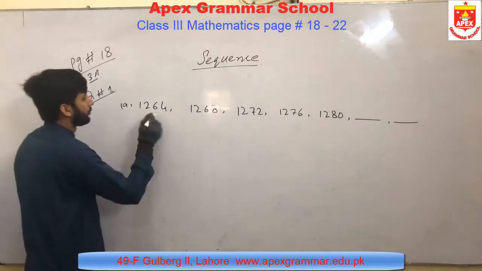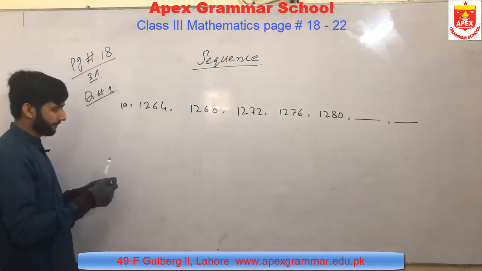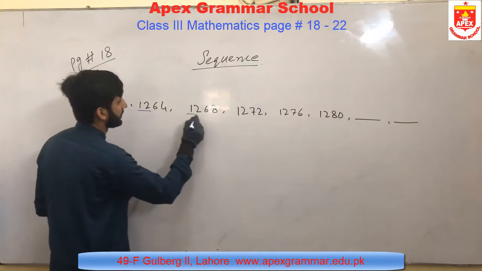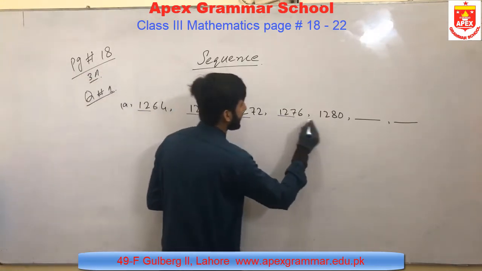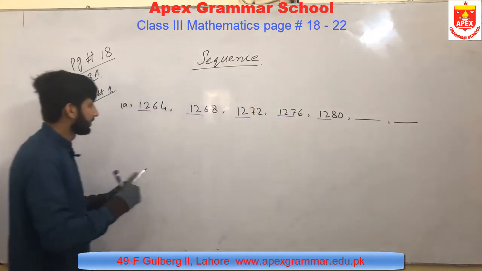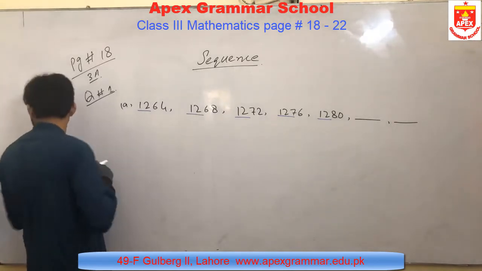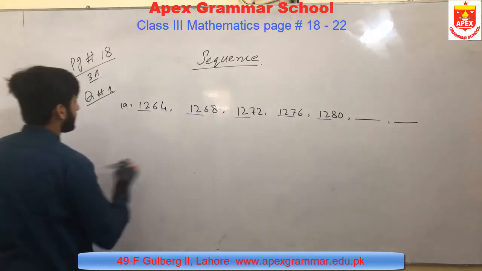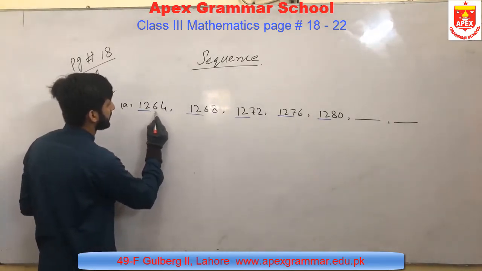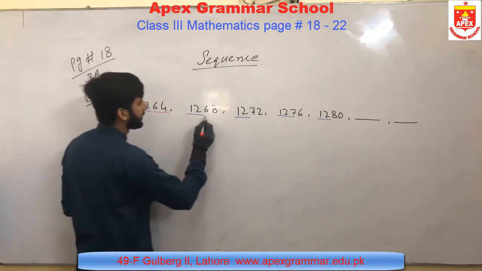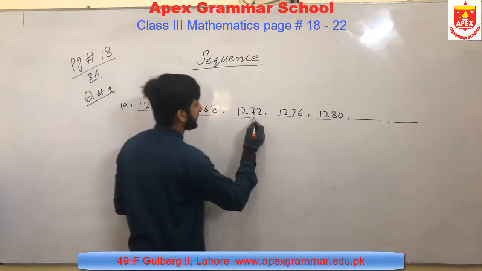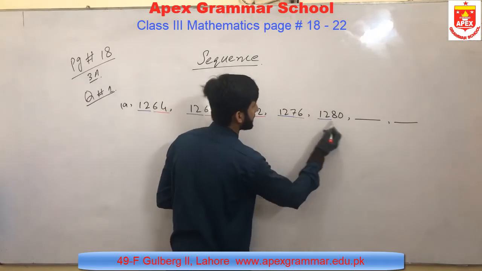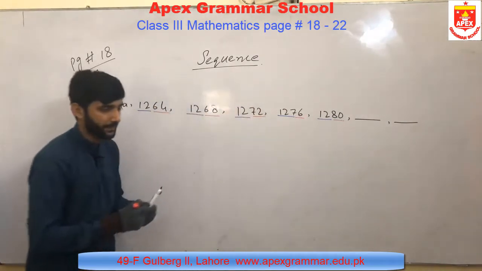In every number you can see that the first two digits, 1 2, are the same. The last two digits are 64, 68, 72, 76 and 80.